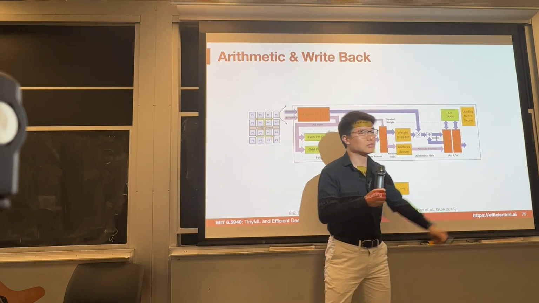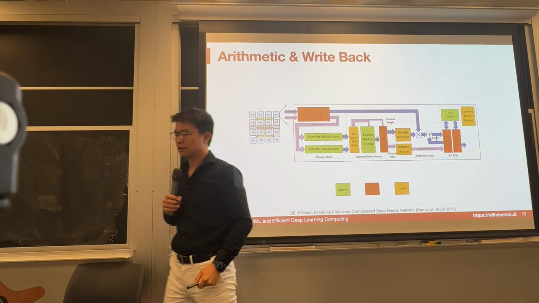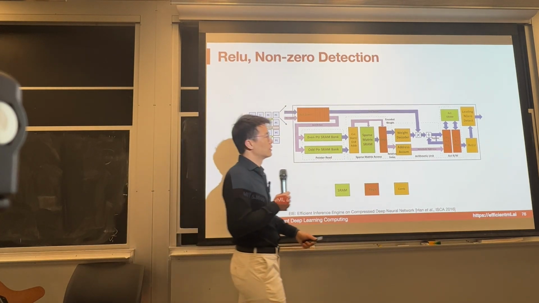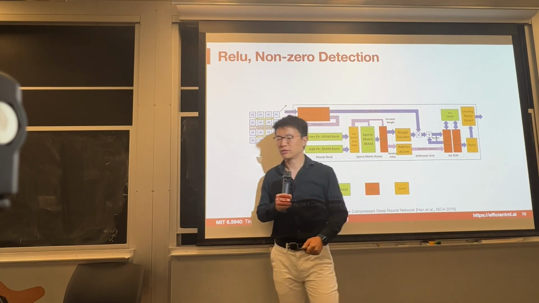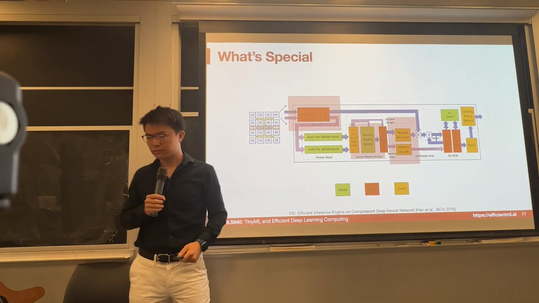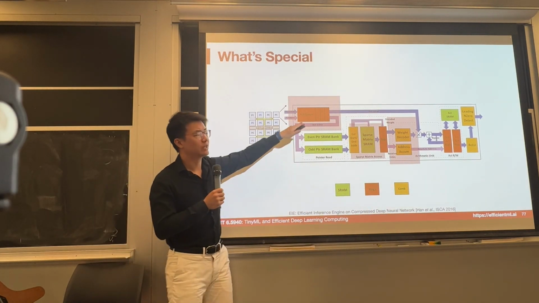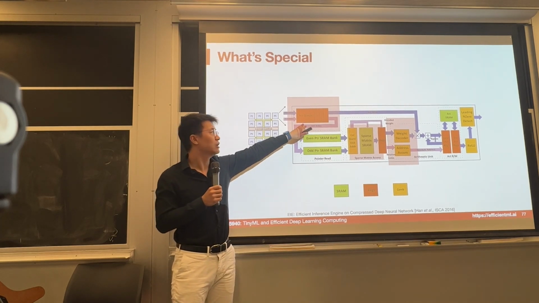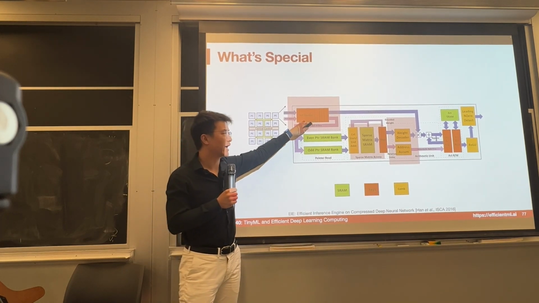And we have a leading non-zero detection unit after feeding it with the ReLU activation function. So the special part is we take advantage of the activation sparsity, only having the non-zero elements in the activation here.